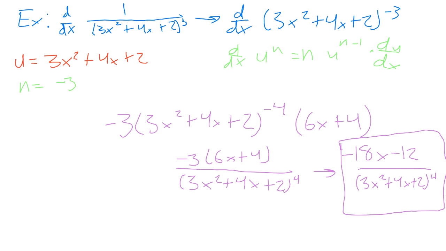All right, so now let's try another one that's not solely reliant on just power and chain rule. This time, you're going to be taking the derivative of 2 sine of (3x plus tangent of x).